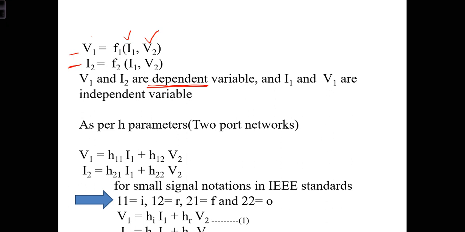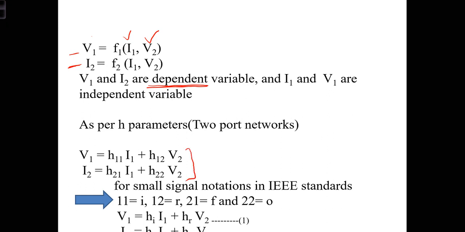V1 and I2 are both functions of I1 and V2. From the H parameter definitions of two-port network, V1 is H11 into I1 plus H12 into V2, and I2 is H21 into I1 plus H22 into V2.